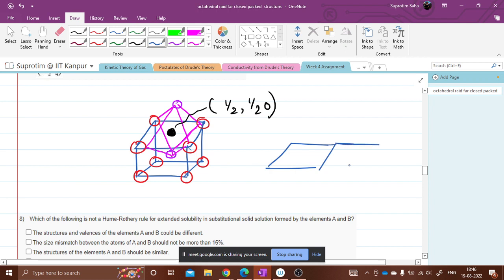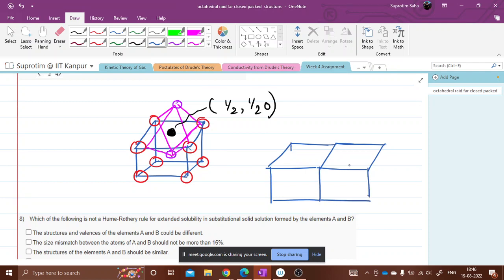So this is this. You have this form, right? Okay, and also you have along these directions also.